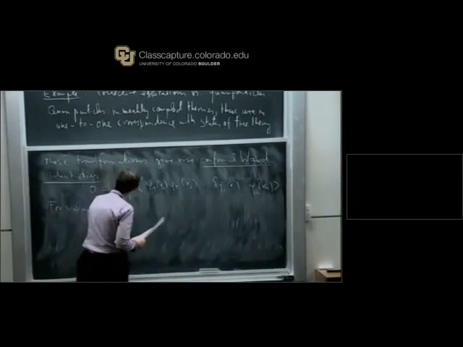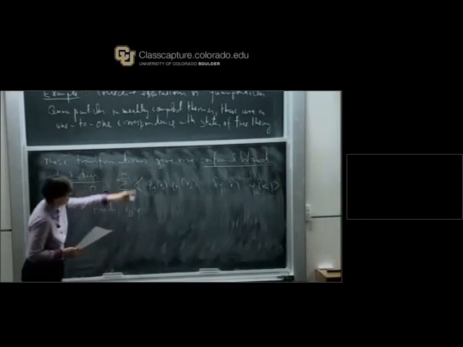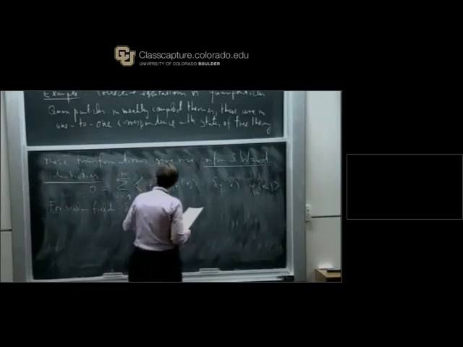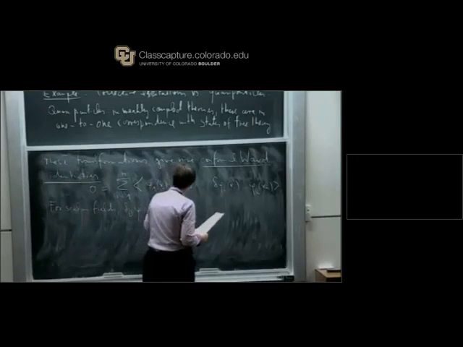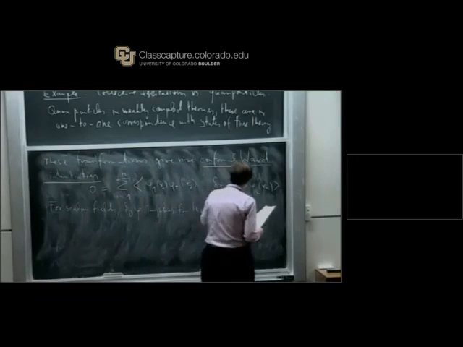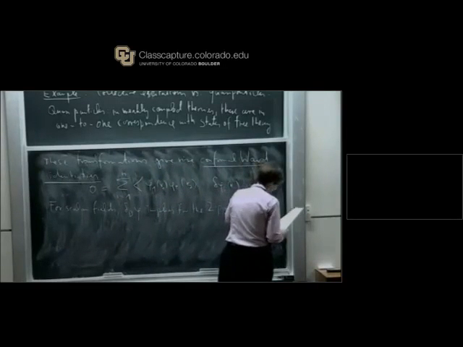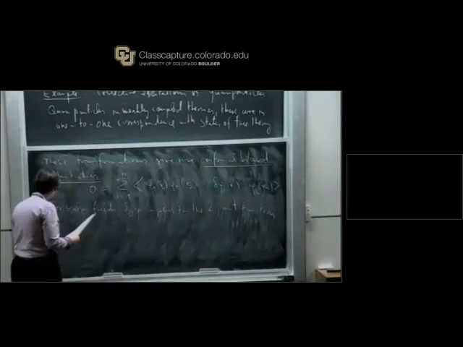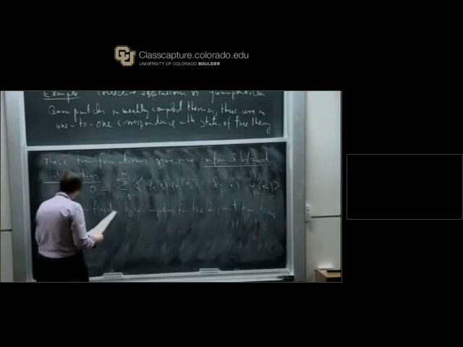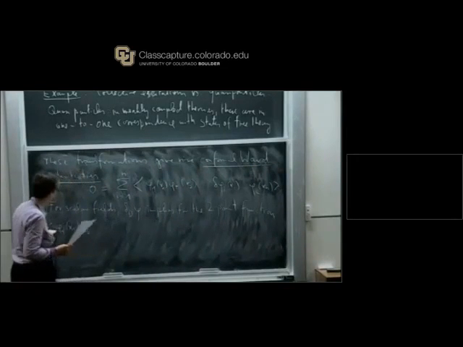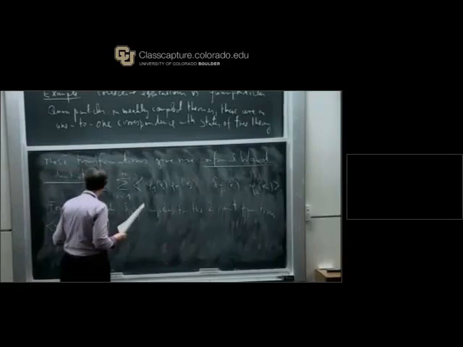If you look at the transformation properties under this dilation operator, which I've written over there, this implies for the 2-point function, with scalar fields, a field phi1 at position x1 and a field phi2 at position x2.